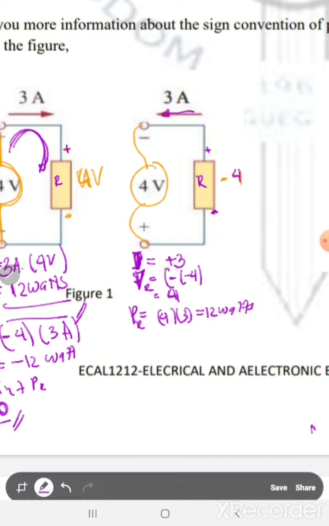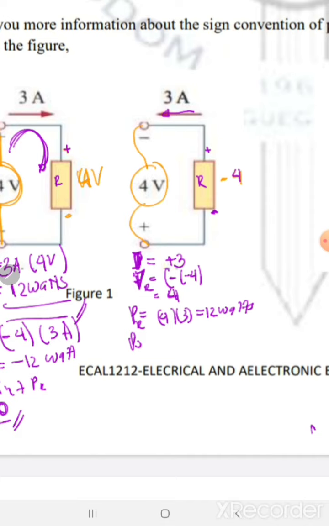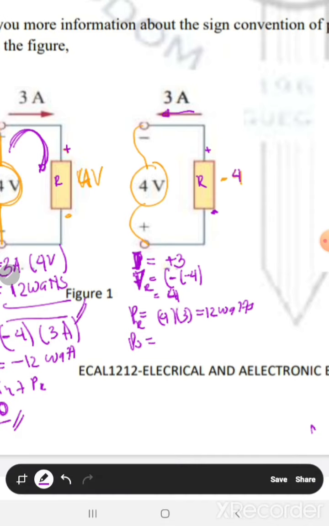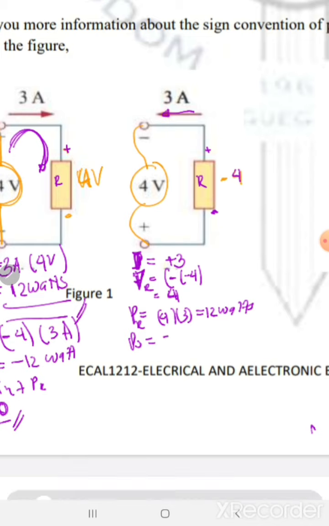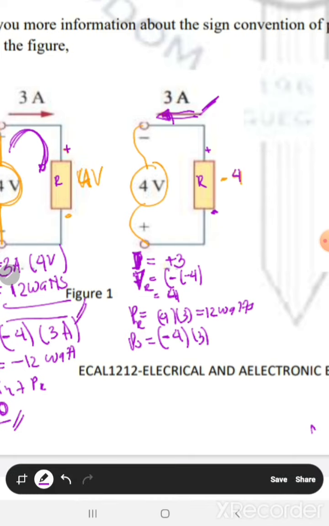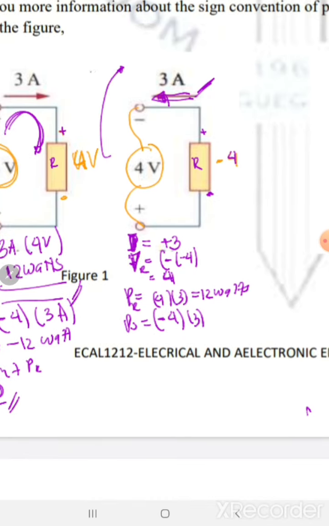And then, your P source is that your 3 ampere is entering the negative of your 4 volts. So, negative 4 volts multiplied by the assumed current, which is positive 3 ampere. So, take note, this is the assumed direction. Whatever your assumption of the direction of the current, that is positive. If it is reversed, that is negative.